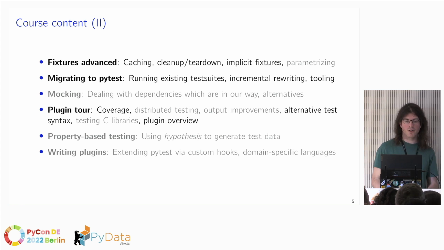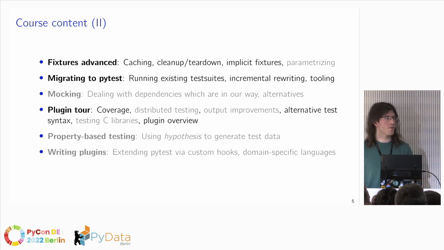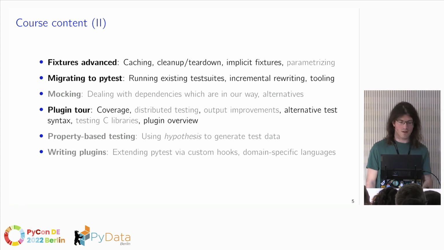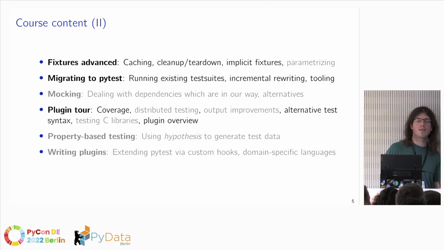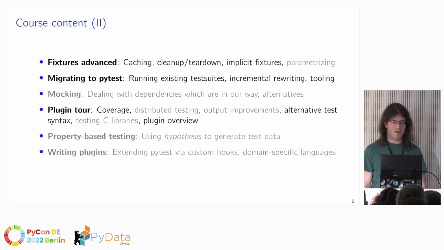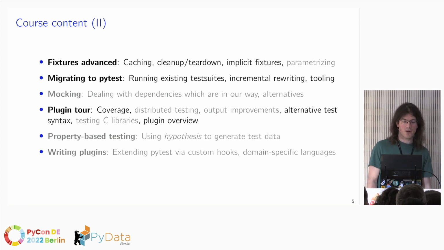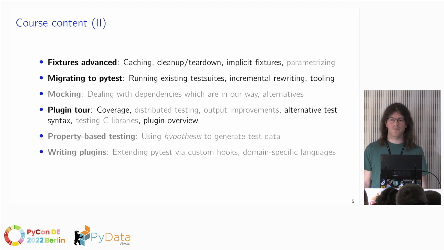The bullet points here which are grayed out, the last 2 and mocking, are something I do have material for if interested, but I don't have it in this slide deck. What I do have is a short tour of useful PyTest plugins, and a small introduction to property-based testing using Hypothesis and writing your own PyTest plugins.